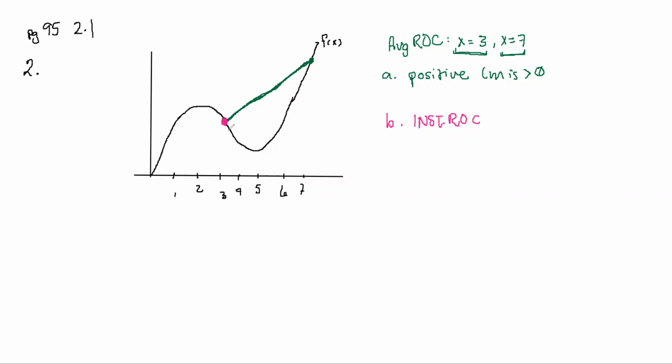Yep. And so conceptually what we're going to be doing with derivatives is we're going to say, instead of taking a point way out here at x is equal to 7, what if I pick 3.1? So we'll call this x is equal to 3.1. And if I draw a line between them, what does that look like?